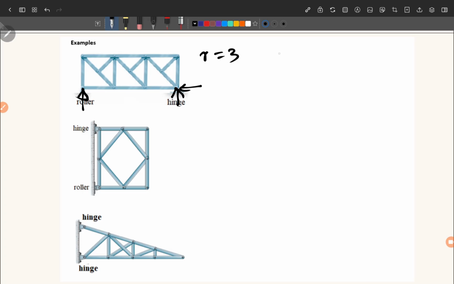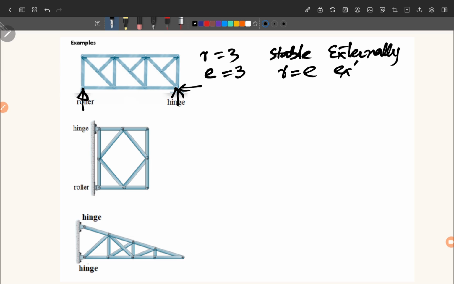So we can say that it is stable externally, meaning the reactions are not parallel and not concurrent. So if R is equal to 3 and equations to solve for these reactions are also available, E equal to 3, we can say that R is equal to E. So this is externally determinate.